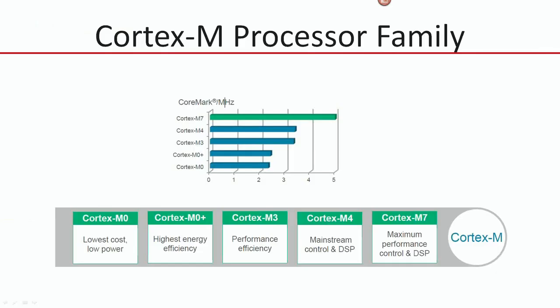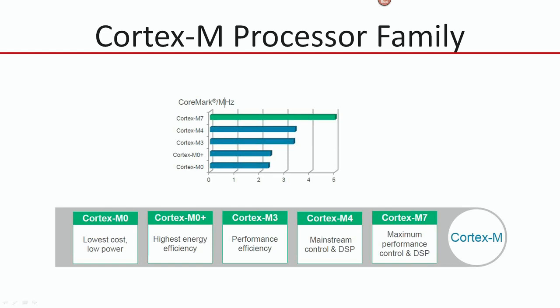The Cortex-M, or the microcontroller profile, was first launched in, I think it was around about 2004, with the launch of the Cortex-M3. ARM has expanded the family to include a couple of lower-end Cortex-M profiles, the Cortex-M0 and Cortex-M0 Plus, and also an enhancement of the M3, the Cortex-M4, which introduced a number of DSP features and hardware floating points.